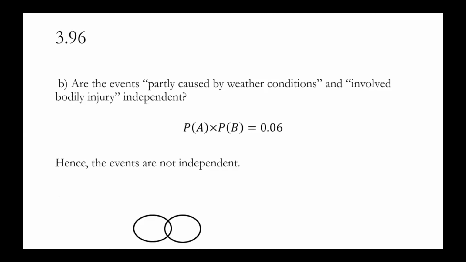You want to see if the intersection of these two events, event A and event B, is equal to the multiplication of these two separate events. If the probability of A times the probability of B is equal to the probability of the intersection of A and B. The multiplication of these two events will be then 6%.